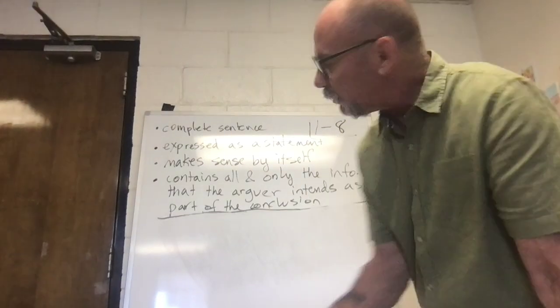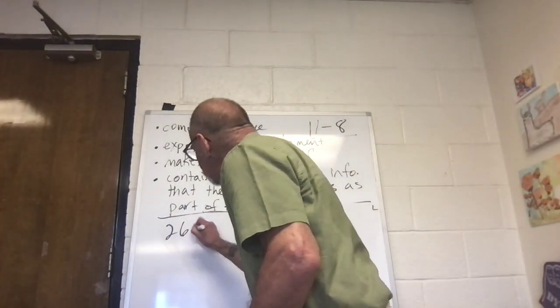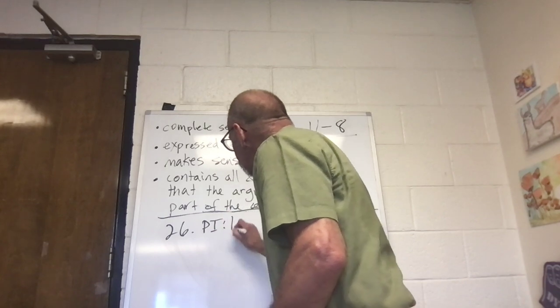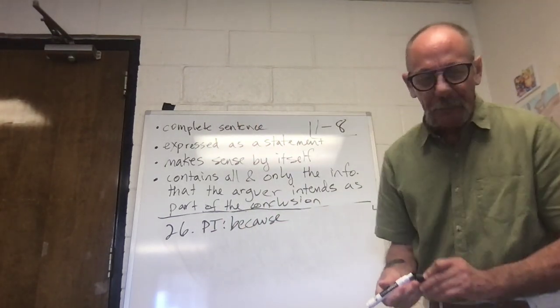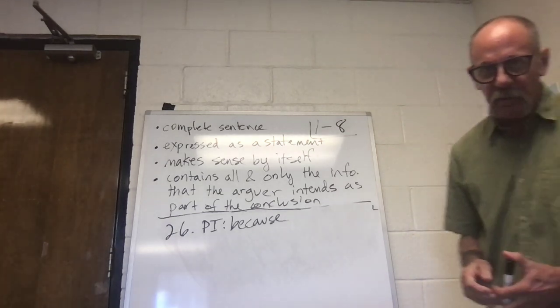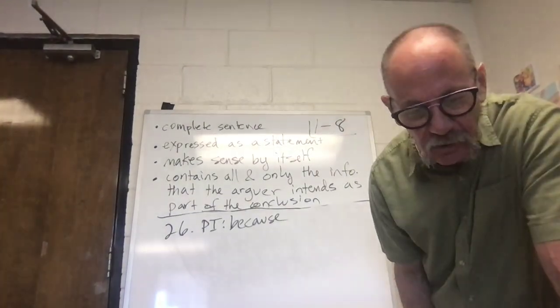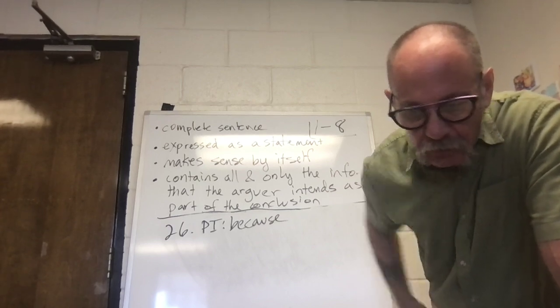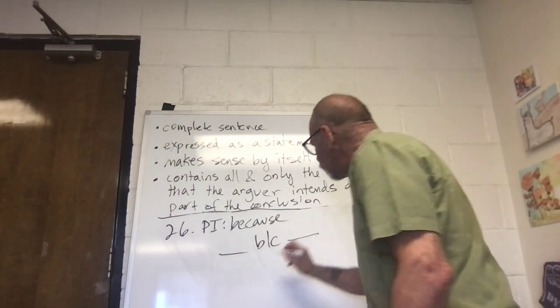All right, that leaves us with because then as the only introducer here. And again, just to review, because is a premise introducer. It's the premise introducer I think of as the model or a paradigm of a premise introducer. All right, we have in the second sentence then, this kind of a structure.